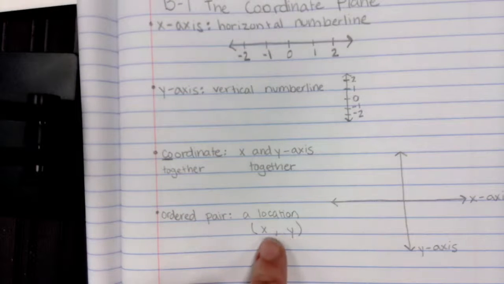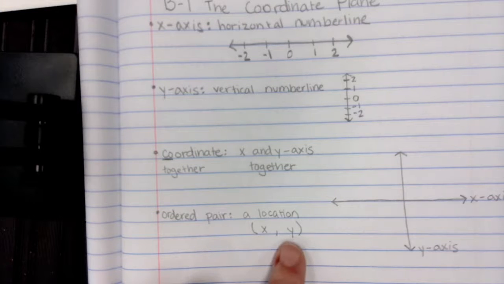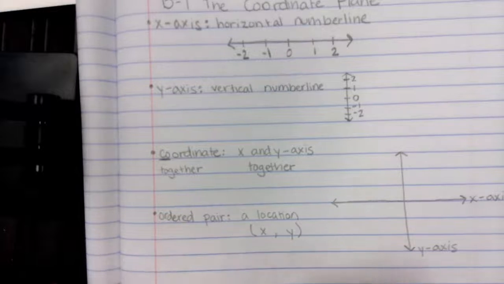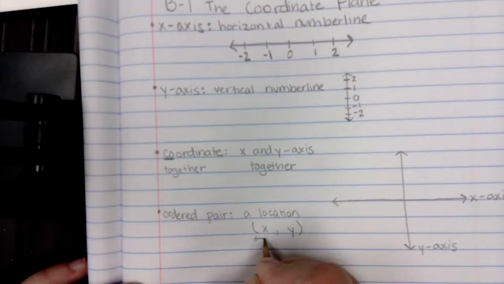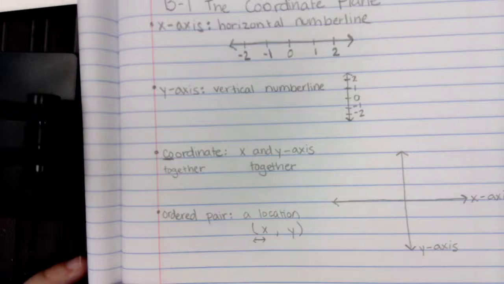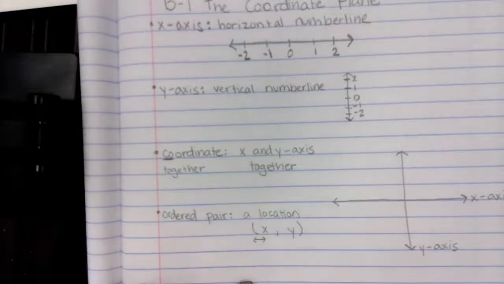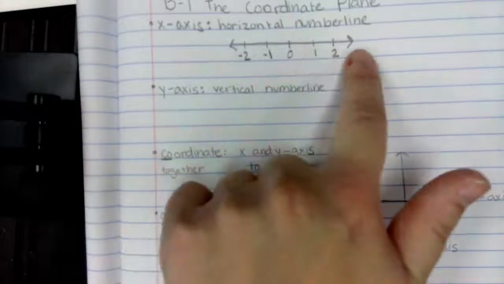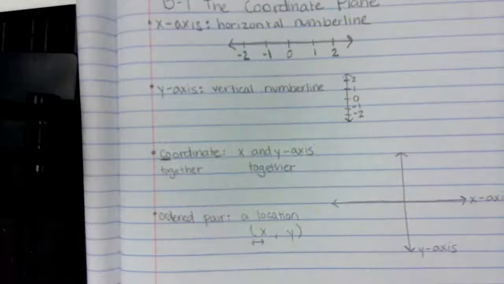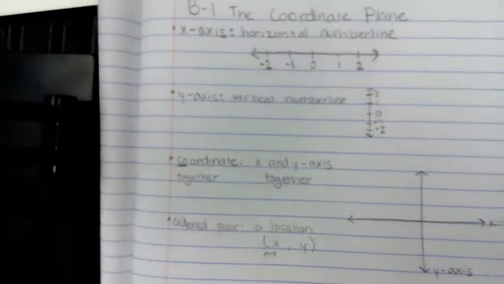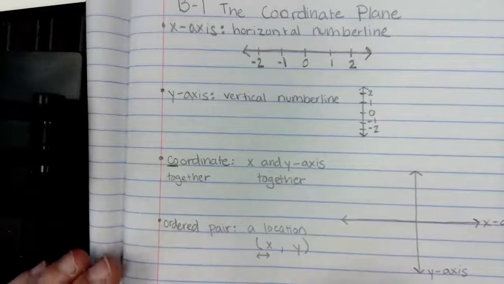That way you know where you're headed. And then y. So x tells you to move left and right, because it's the horizontal number line. Just like how this is a horizontal number line, it goes side to side. And our y tells us to go up and down.